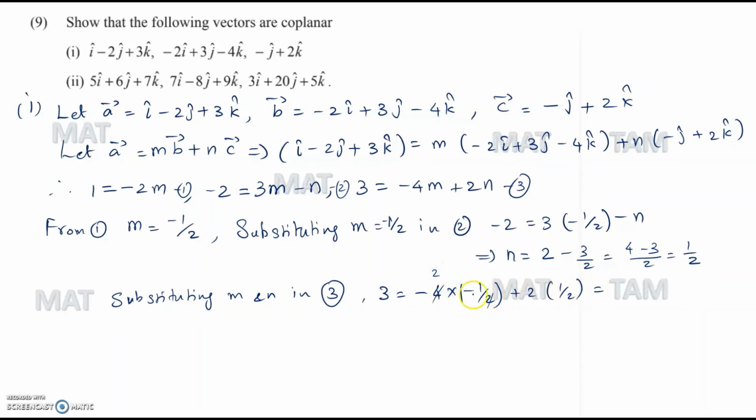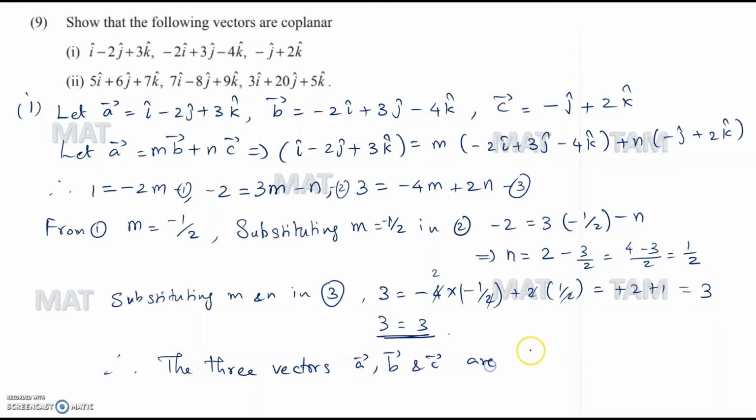This is plus 2 plus 1, so the answer is 3. So 3 equals 3, which is satisfied. Therefore the three vectors A, B and C are coplanar.